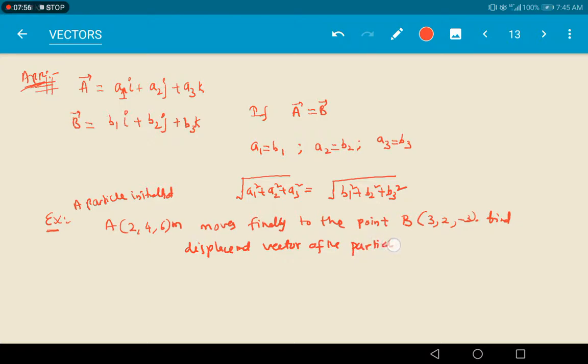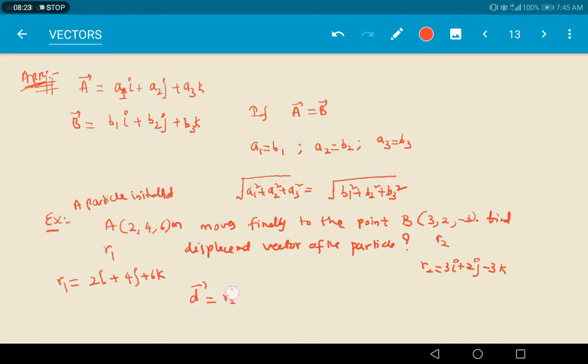Displacement vector, this is a vector. This is the initial position and this is the final position. If we represent the initial position vector, r1 equals 2i plus 4j plus 6k, and r2 we can write as 3i plus 2j minus 3k. Now they are asking the displacement vector.